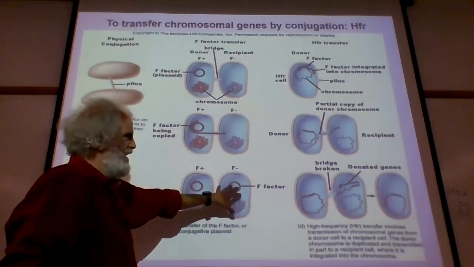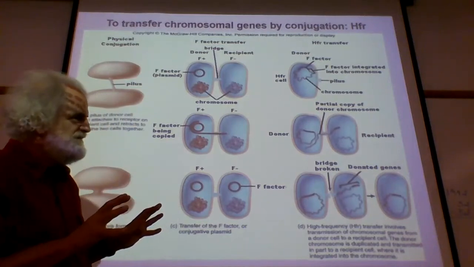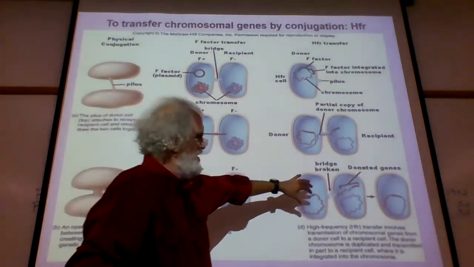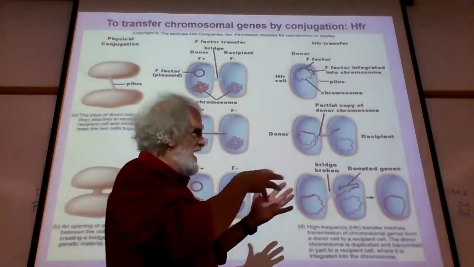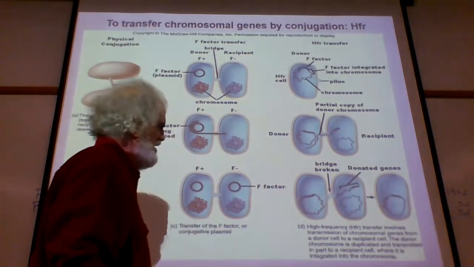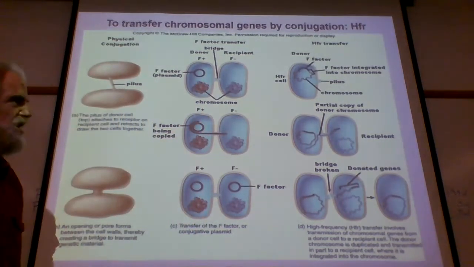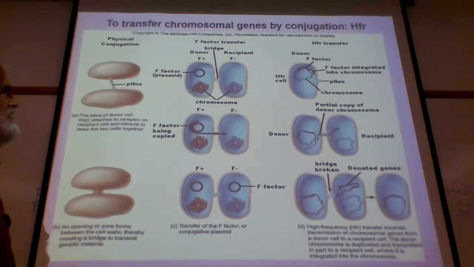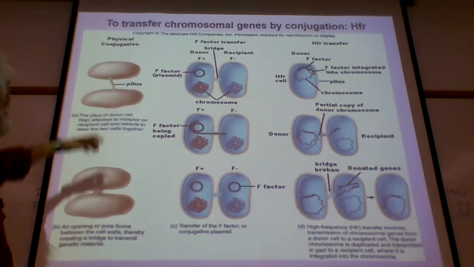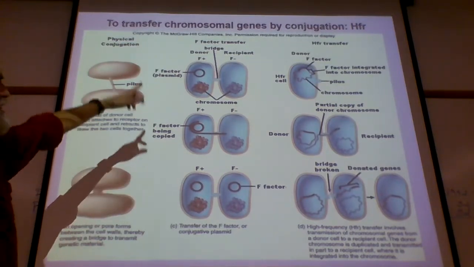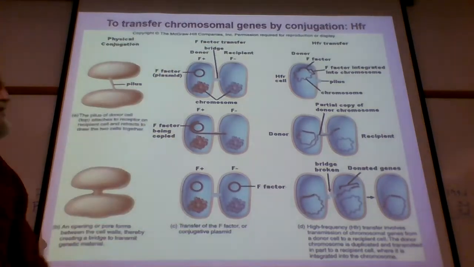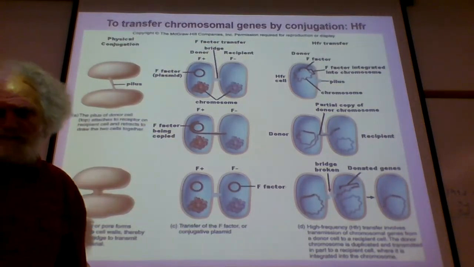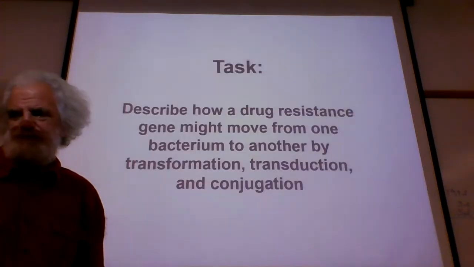And you can also transfer a variety of different bits of DNA. If the bridge is broken by disruption, you can have partial amounts of DNA. And so you can end up with a variety of different recombination events. So we've got physical conjugation, F factor transfer, and then HFR transfer. Slightly different mechanisms of it, but not all that critical.